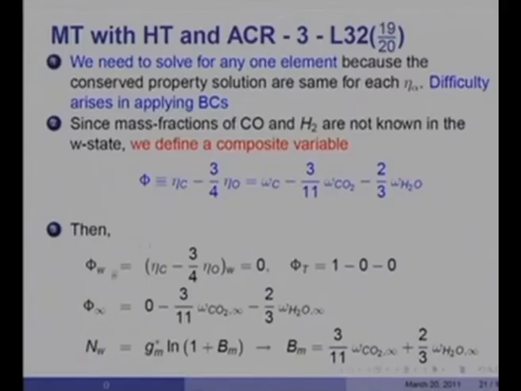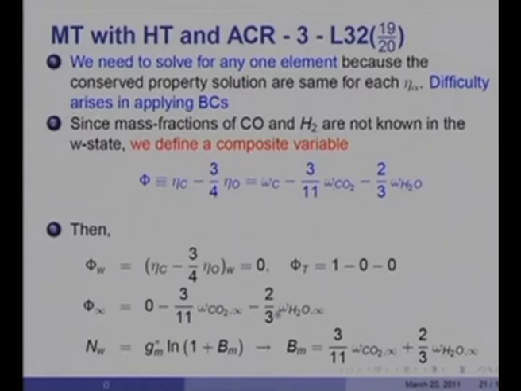Now, I can form phi W equal to 0 in the W state. In the T state, only eta C will be 1 or omega C will be 1. All these are zeros. In the infinity state I do not have any carbon, but there is omega CO2 and omega H2O.